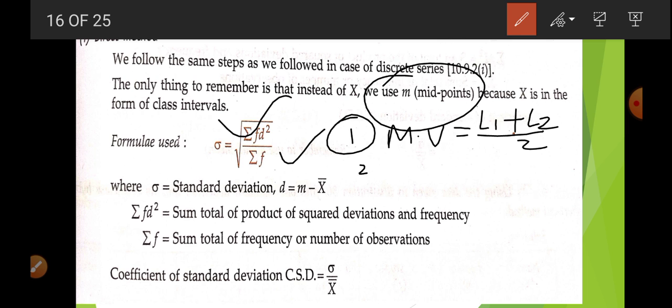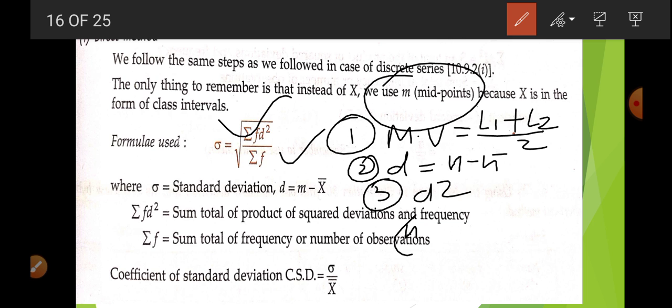Second, calculate D, and third, D square. D is calculated by x minus x bar. And then fourth, f multiplied by d square and take its sum total, sigma fd square.